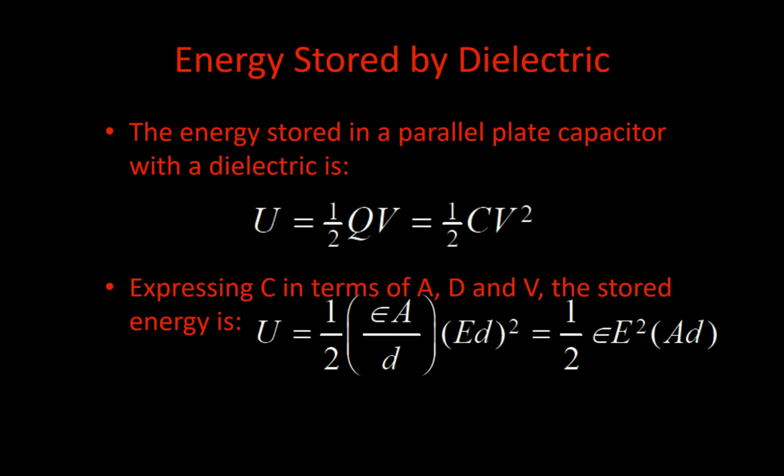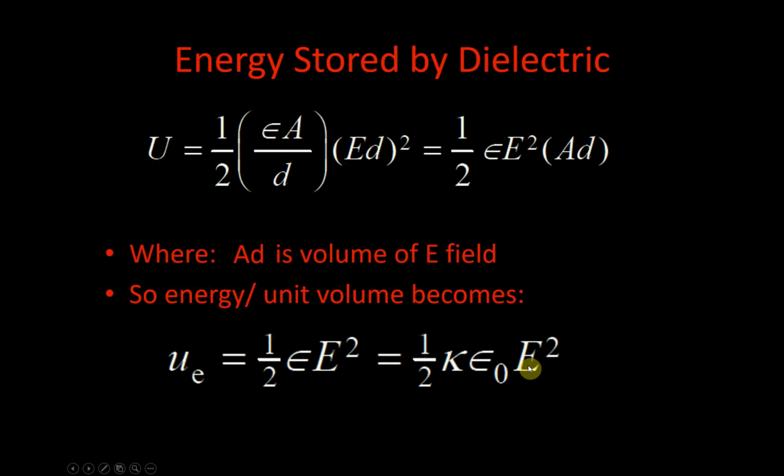So I've already said this, the energy stored by our dielectric is essentially 1/2 QV or 1/2 CV squared. And this can get progressively more complicated as you substitute in to these expressions for Q and C. But in the end, what we can say is the energy per unit volume will change based on the introduction of your constant K, your dielectric.